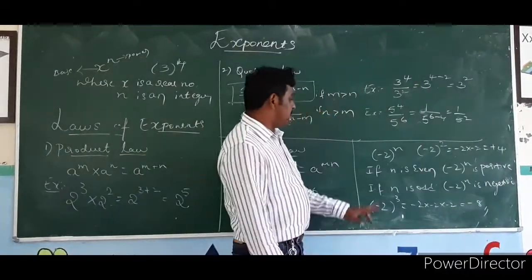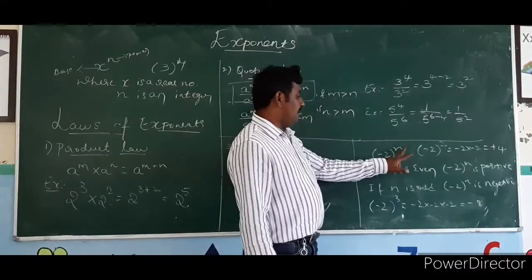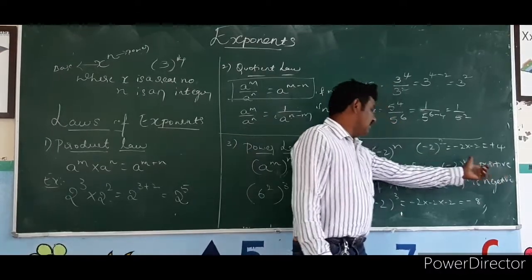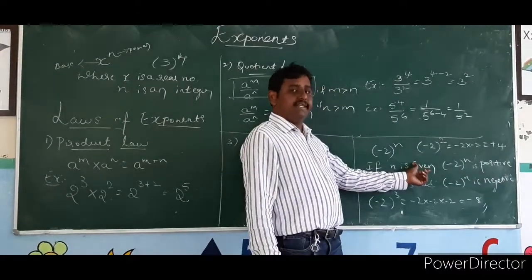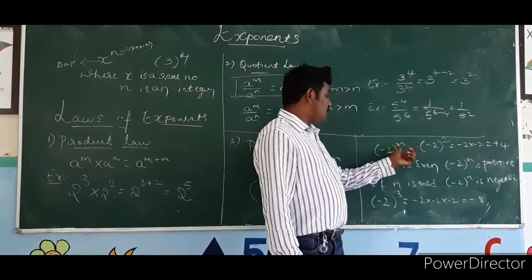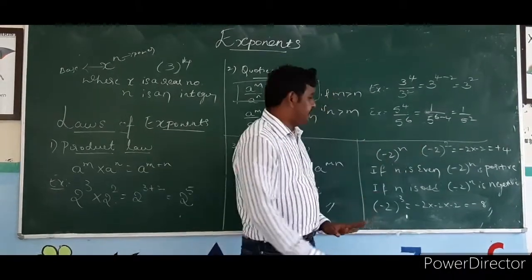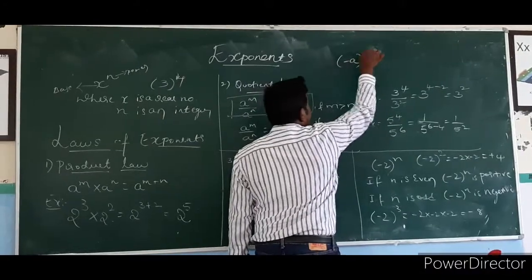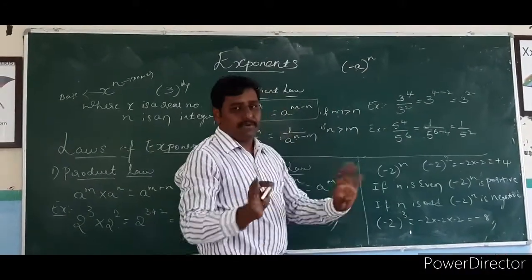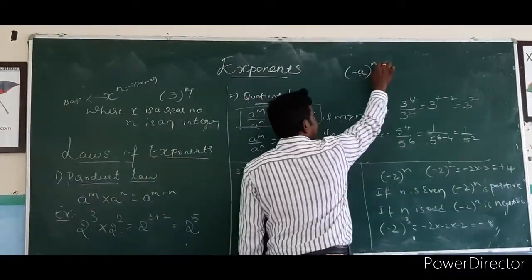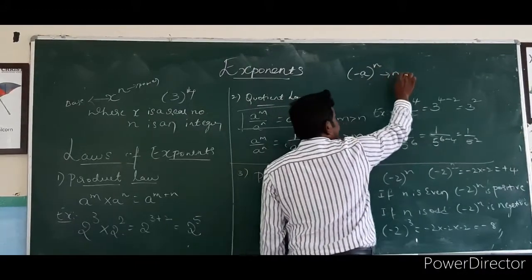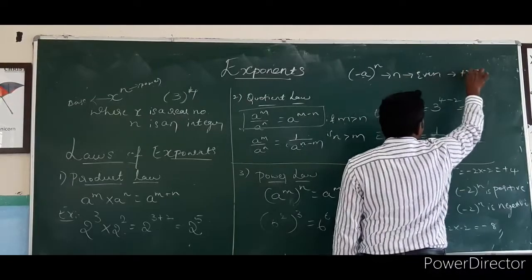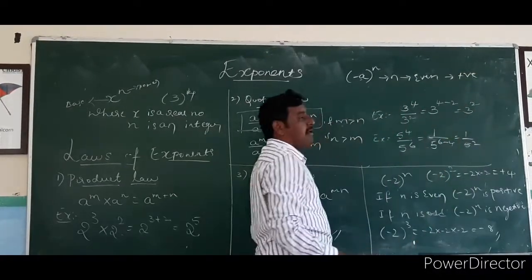So minus 2 to the power of n. If this value is positive, then n should be an even number. Suppose you take minus a, we don't know any number here. If n is even, you will get the answer in positive. It depends upon the power.